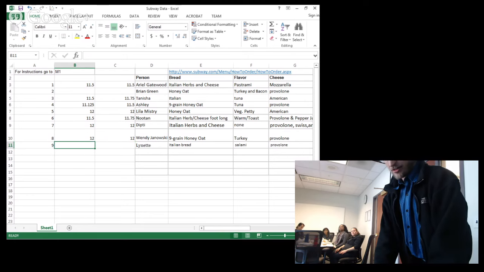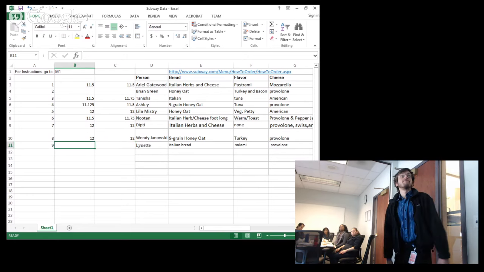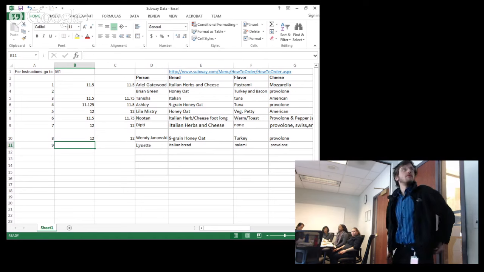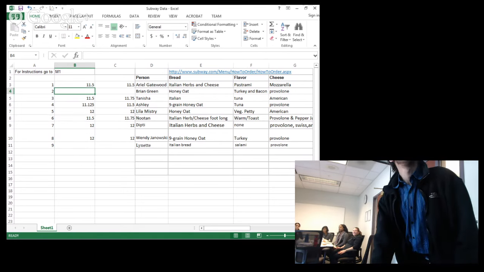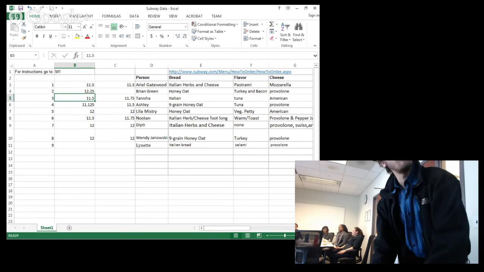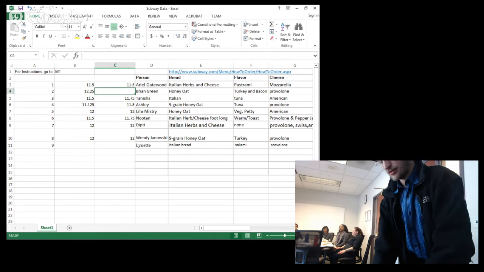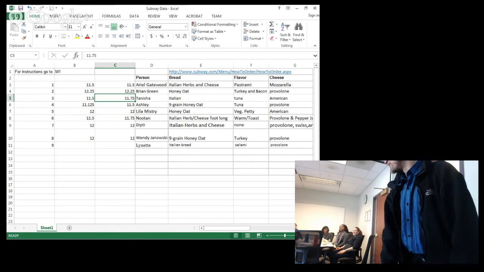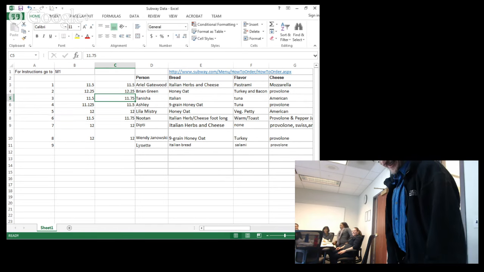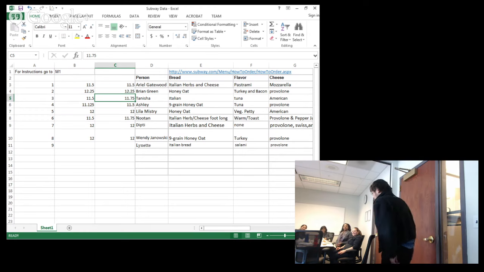And Lynette's on nights. So number two, I forgot number two. 12.25. We got one above. Second measurement.